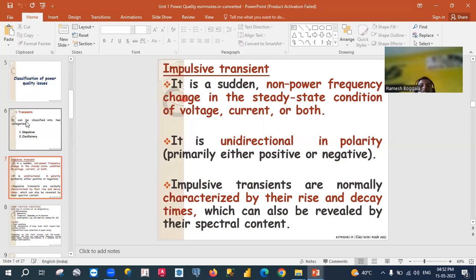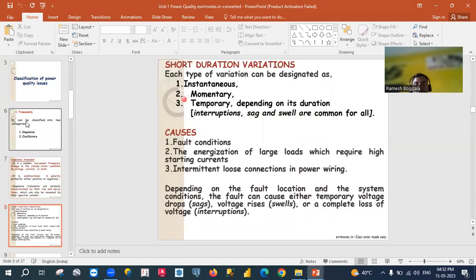Third one, if the frequency component is greater than 500 kilohertz, then it is known as a high frequency transient. So this is the classification of the transients based on the frequency variation.